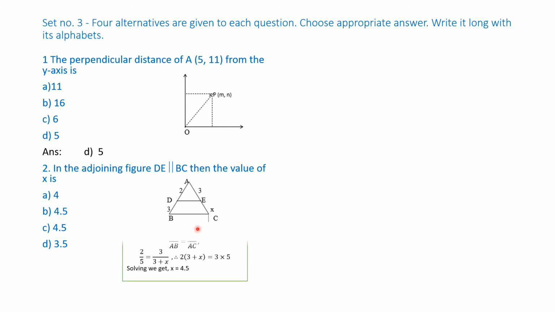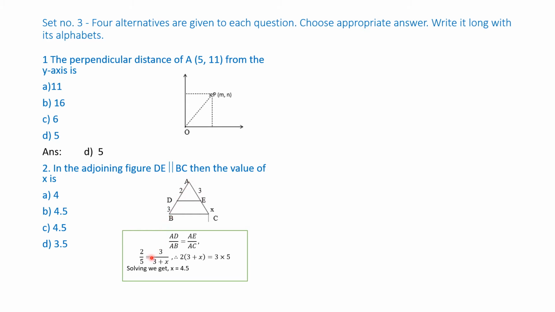Now we should know the background of this. Therefore, in similar triangles, we know AD by AB is equal to AE by AC. Now let us substitute. AD is 2. AB is 3 plus 2, 5.